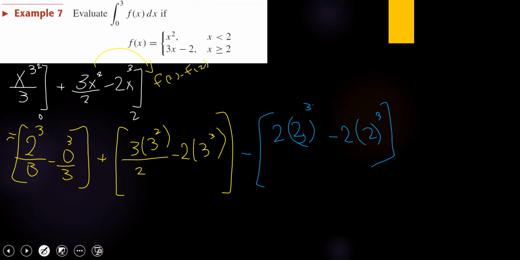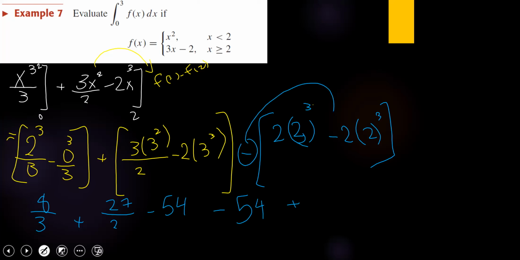Then 2 to the power 3 is 8 over 3, plus 3 squared 9 times 3, 27 over 2, minus 2 times 3, and because here I have to multiply minus times minus, plus 60. Then these cancel each other.